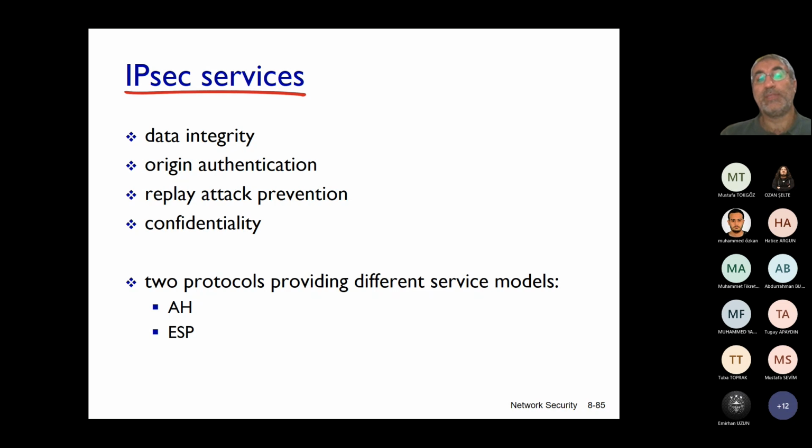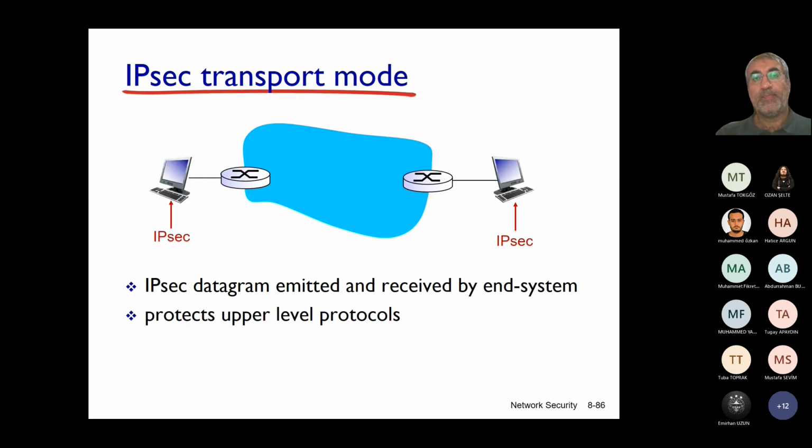So the IPsec services come from the following two protocols that provide different service models, AH and ESP. We have different modes in IPsec. The first mode is called transport mode. So we have the end system, which can be a PC.